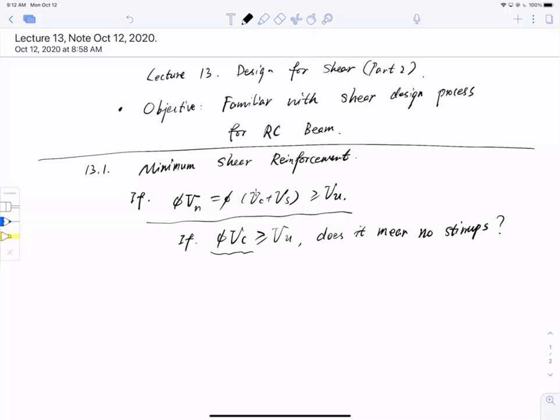Well, the answer is no. We still need stirrups, because shear failure is a brittle failure. That means once it fails, there's no time to run.